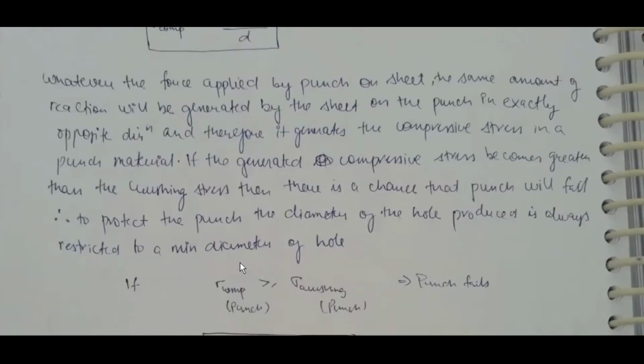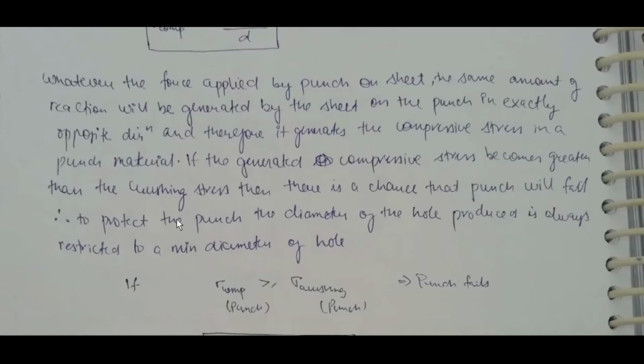Whatever force is applied by the punch on the sheet, the same amount of reaction is generated by the sheet on the punch in exactly the opposite direction. Therefore, it generates compressive stress in the punch material. If the generated compressive stress becomes greater than the crushing stress, there is a chance that the punch will fail.